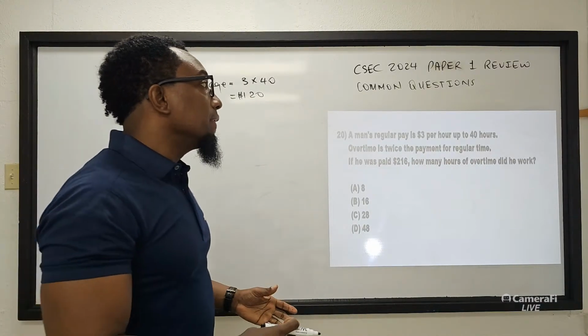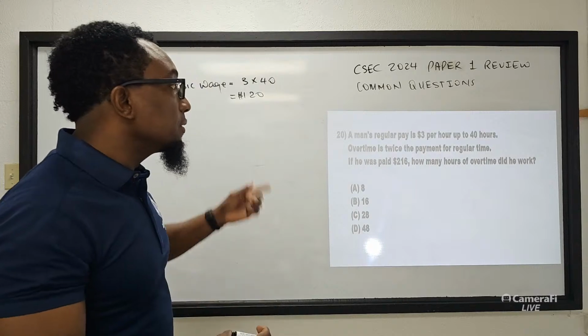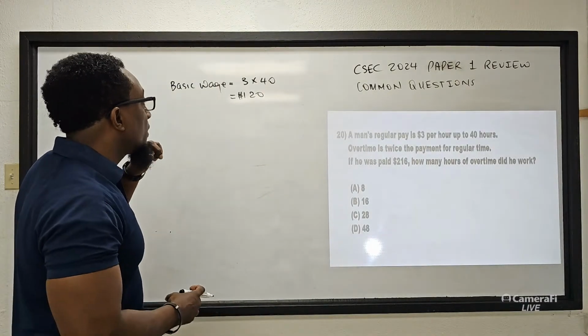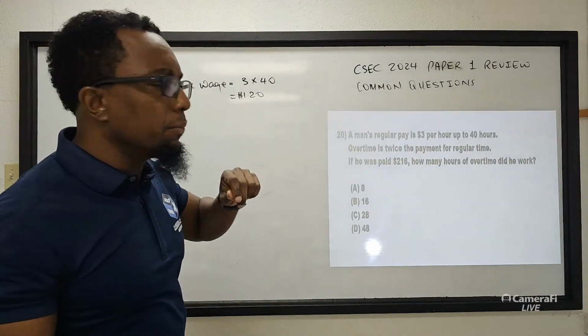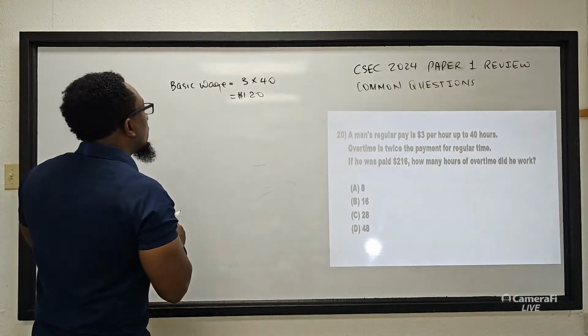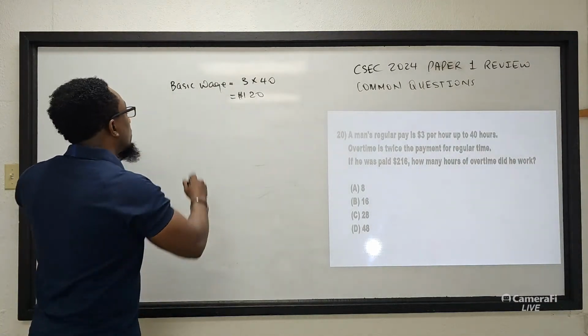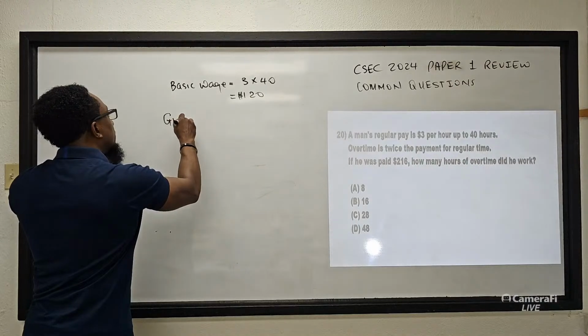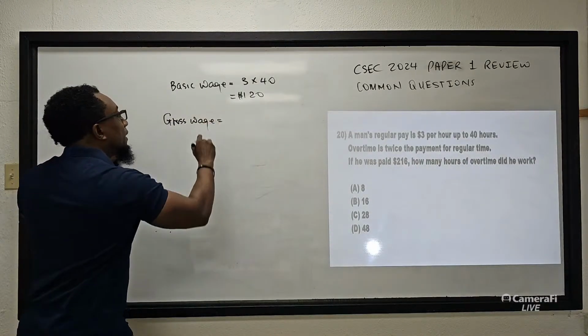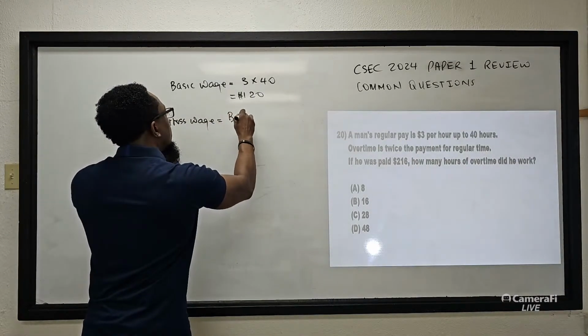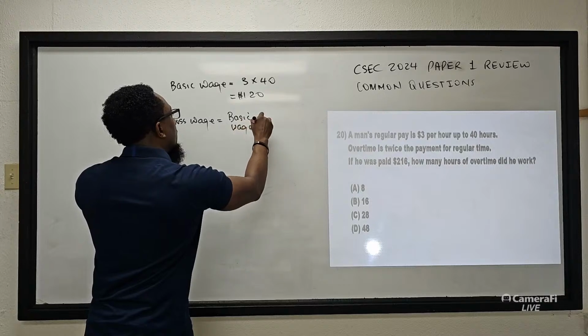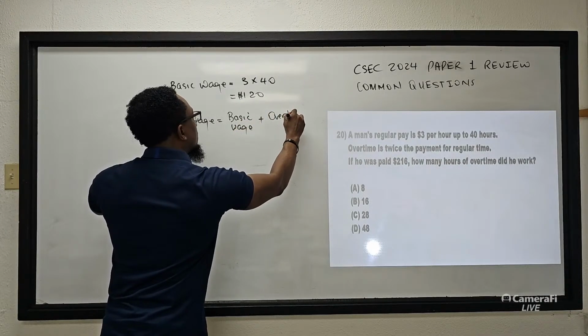But at the end of this period of work, he is paid $216. So let's determine what will be his overtime wage. A combination of basic wage and the overtime wage is known as a gross wage. The gross wage is your basic wage plus the overtime wage.